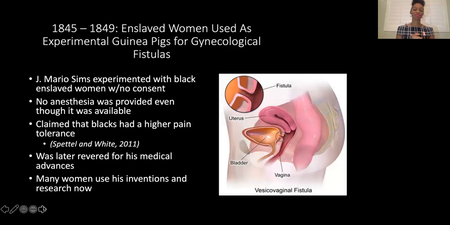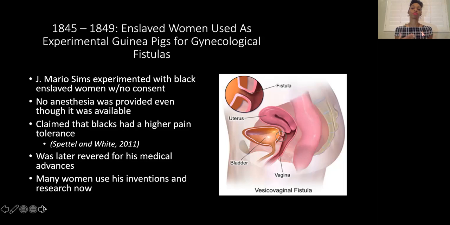Actually, right now. So in 1845 through around 1849-50, many of the enslaved women were forcibly used as experimental guinea pigs for gynecological examinations and research purposes. James Marion Sims experimented with Black women with absolutely no consent nor care. It's quite cruel.